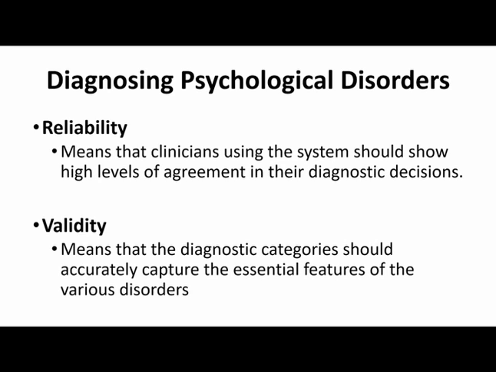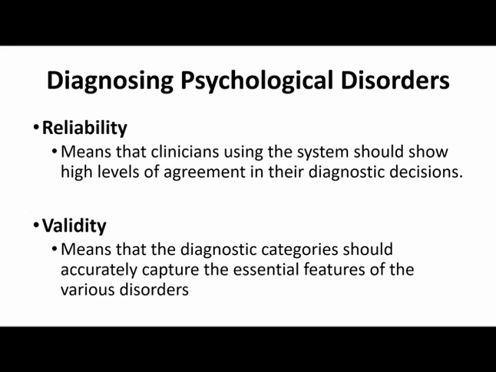When we talk about validity, we're looking at whether diagnostic categories accurately capture the essential features of the disorder that you're trying to categorize. So if a particular disorder has three very distinctive aspects to it, then our method of diagnosing that disorder should also have three very distinctive aspects that it's looking for.